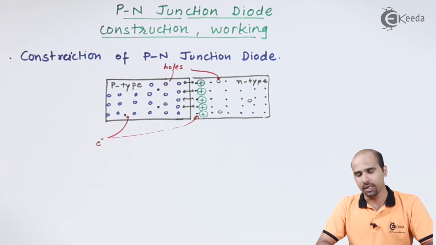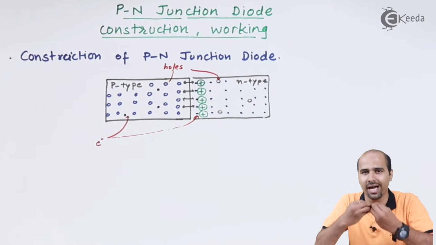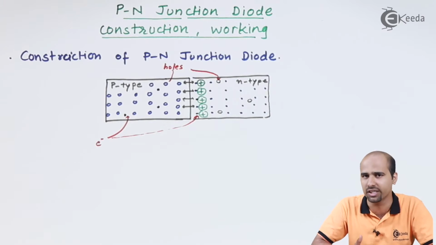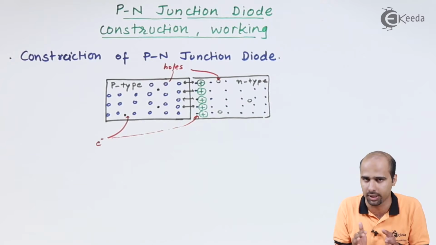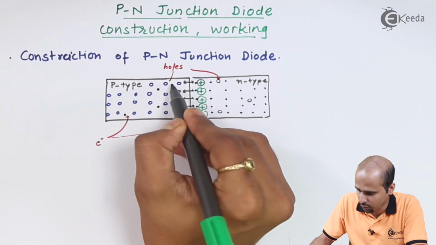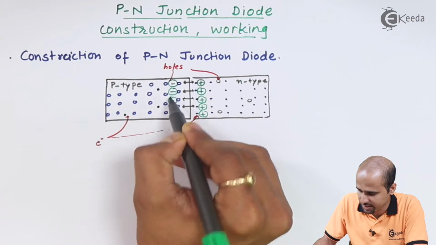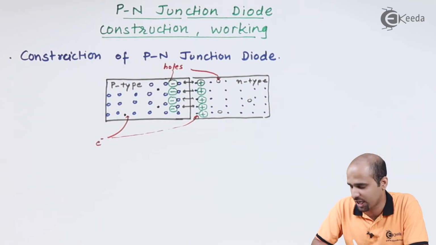Now similarly, when a hole gets one extra electron added into that particular atom, it gets converted into an ion, but in this process one extra negatively charged carrier is acquired, and so this atom is a negatively charged ion.